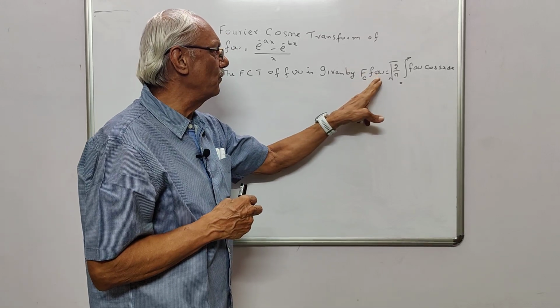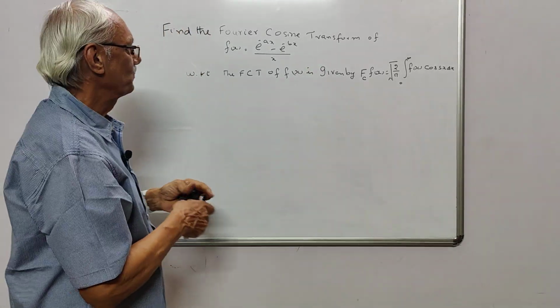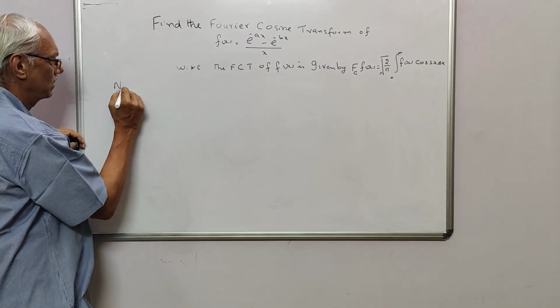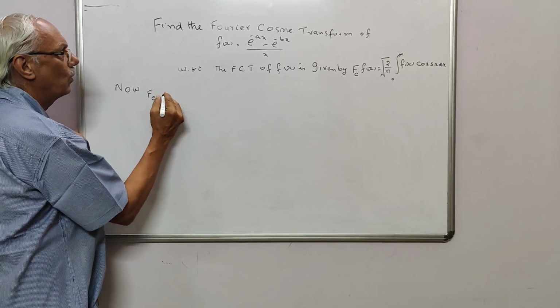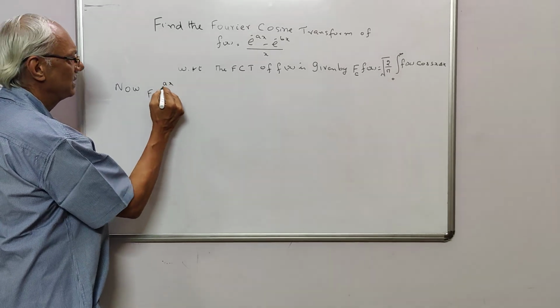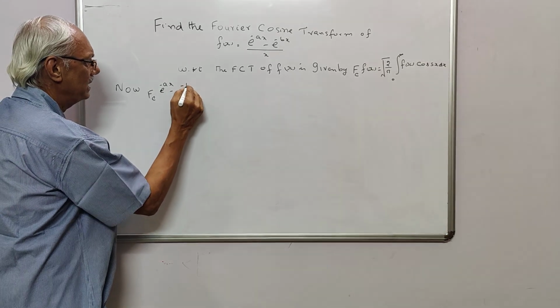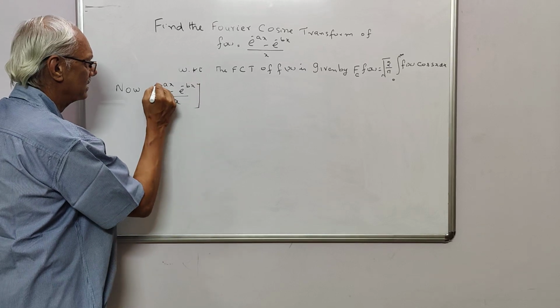Now in this place, for f of x, we have to take this and solve. That is, I'll write here Fc of e to the power of minus ax minus e to the power of minus bx divided by x.